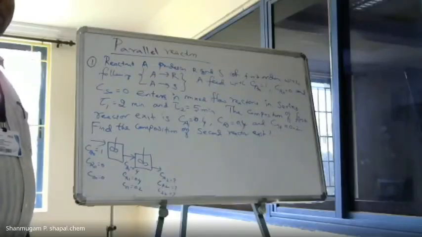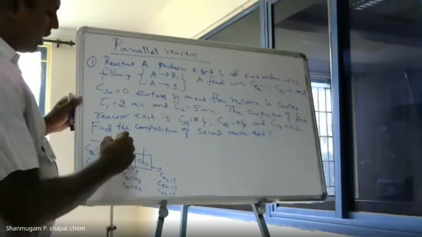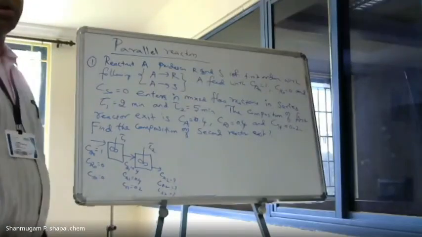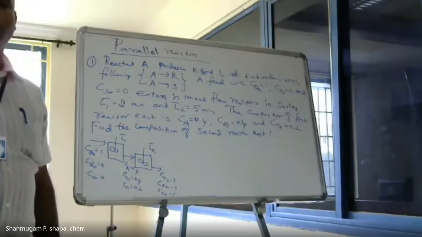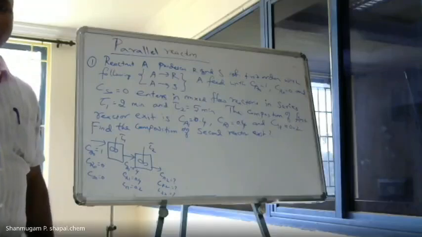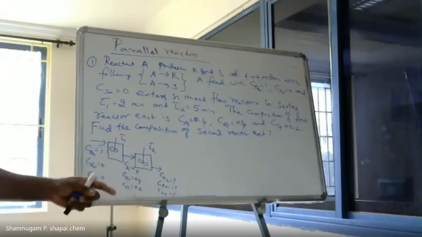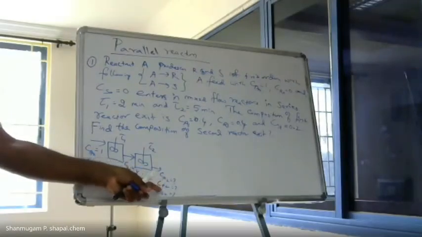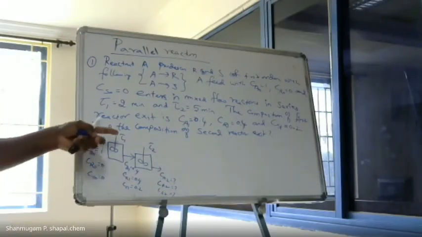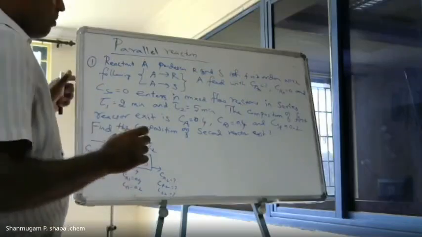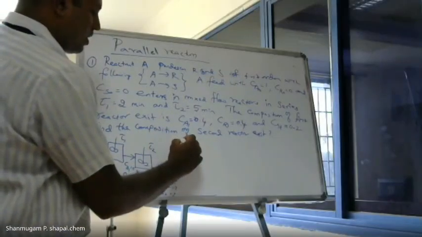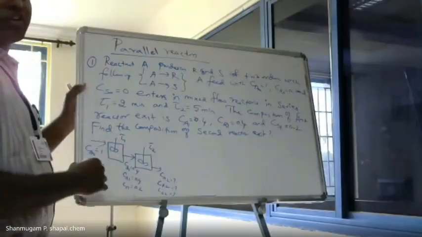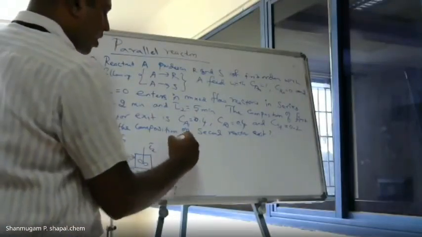So here the volume is not given, but they have given tau 1 for this and tau 2 for this. So this is what gives the volume here. So you use the performance equation and then find out CA2, CR2 and CS2. The performance equation is nothing but that for the MFR in terms of concentration.